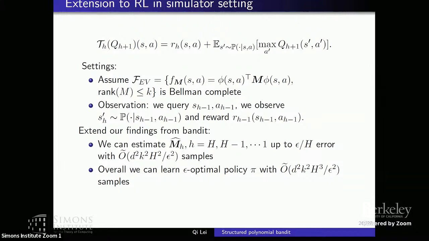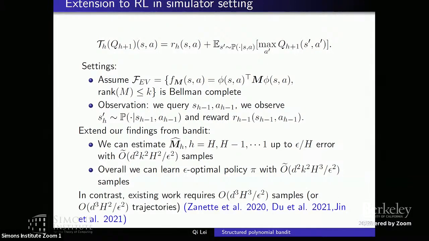So overall, with all H time steps, we can learn the epsilon optimal policy with this sample complexity, which is this previous one times another H. In contrast, existing work requires d cubed times H cubed over epsilon squared. So we improved by a factor of d when k is small, when it is well structured.